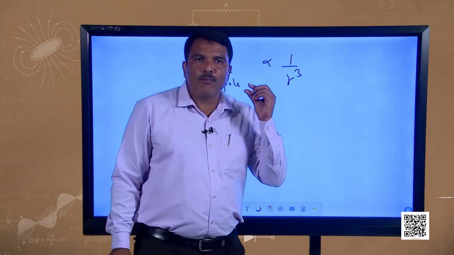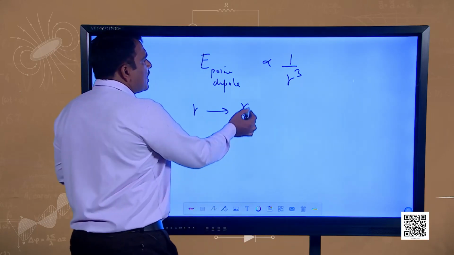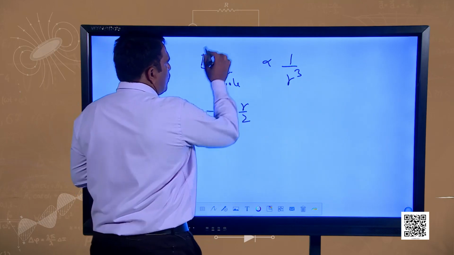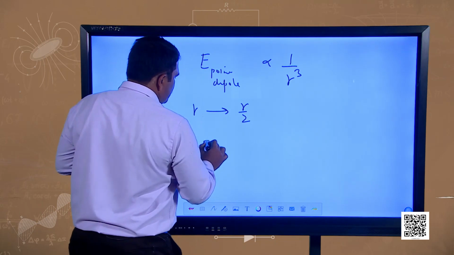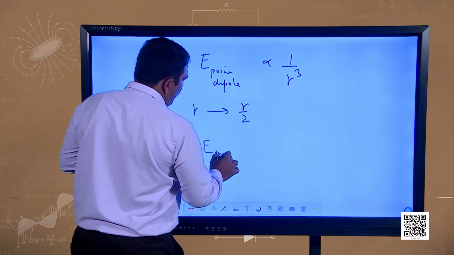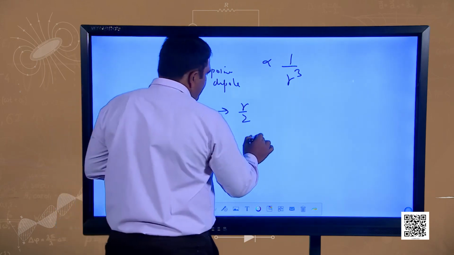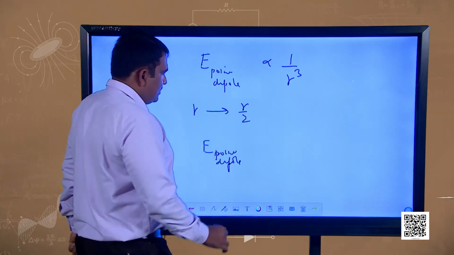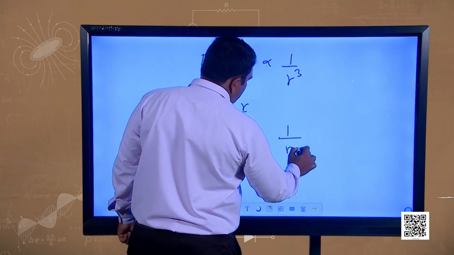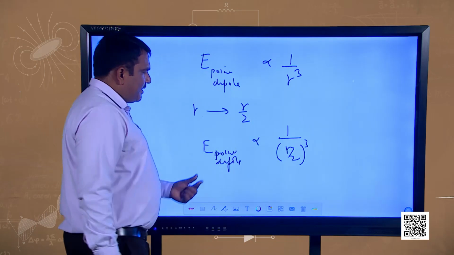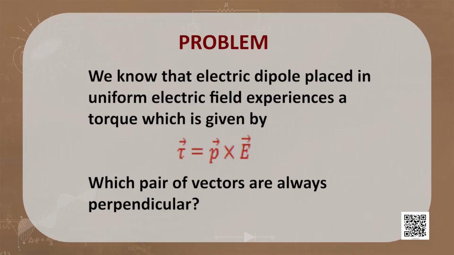The distance of the point is halved. So, you can clearly observe from this relation that if r changes to r by 2, then E, electric field due to point dipole, will become 8 times. It becomes (r by 2) cube, and it will become 8 times of the original electric field. Let us move on to another problem.